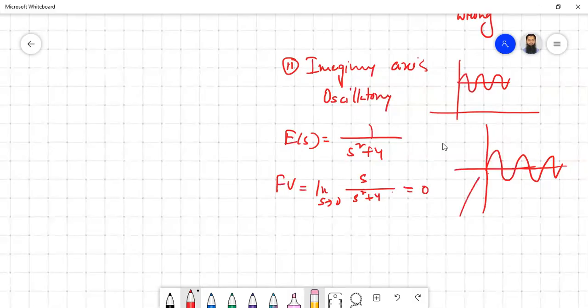Basically it is giving you the mean value of the oscillation. But since it is oscillating in nature, at any particular point the steady state is not defined, it is always changing. So this value is also wrong.